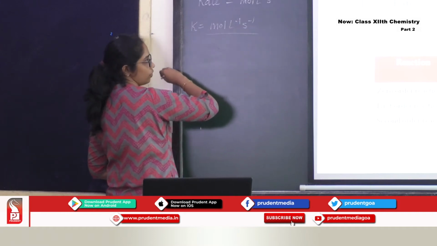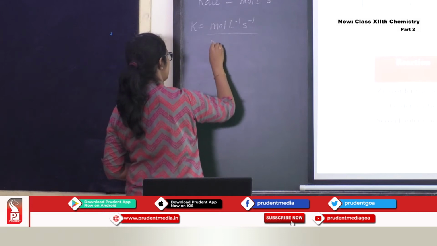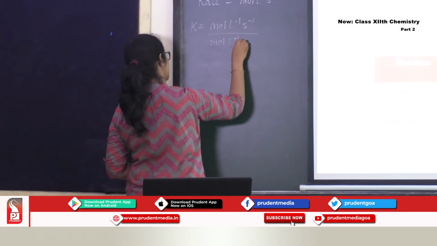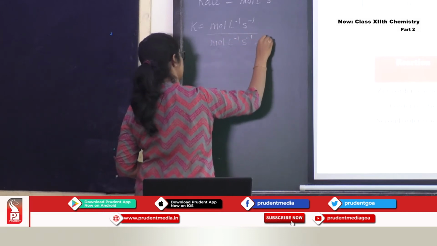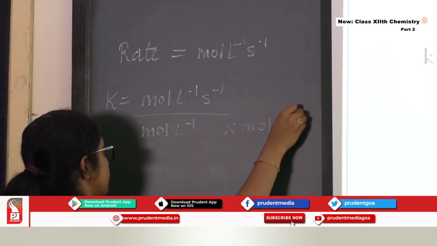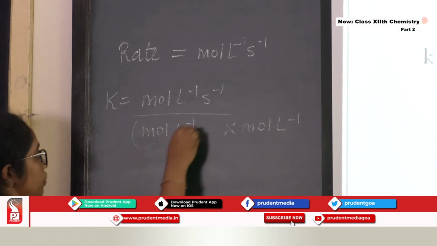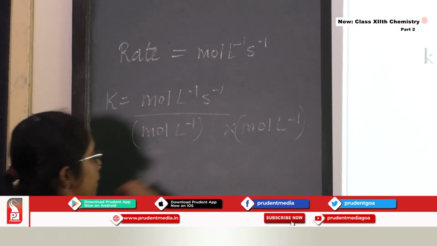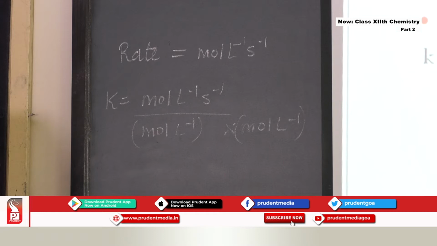The unit of concentration is going to be mole per liter per second divided by moles per liter into moles per liter. Now, why have I multiplied it 2 times? Because we are going to take the value of N as 2 here. That's the reason we are going to multiply here moles per liter twice.